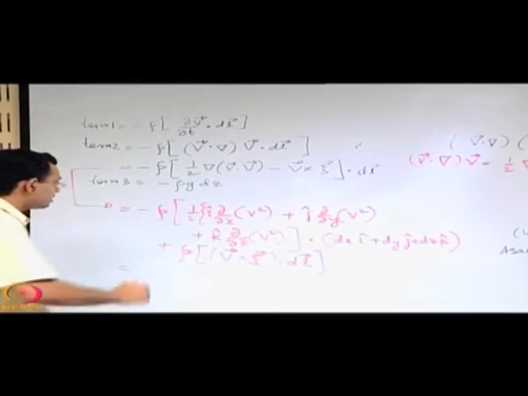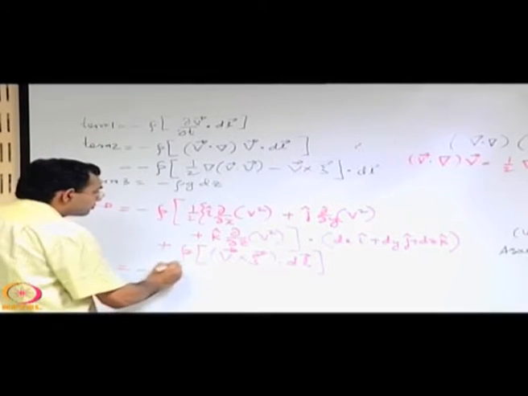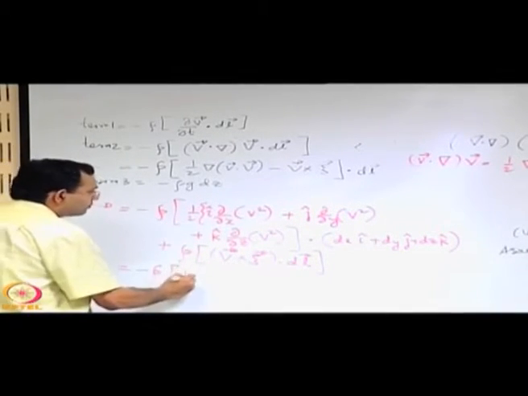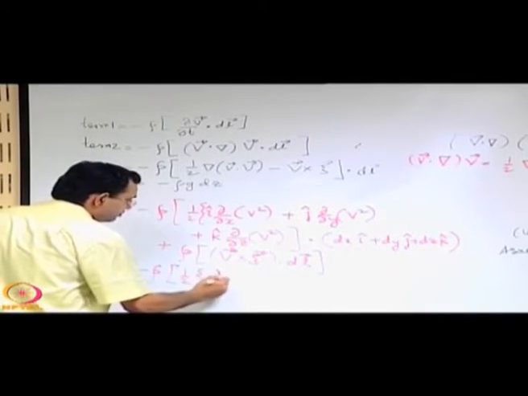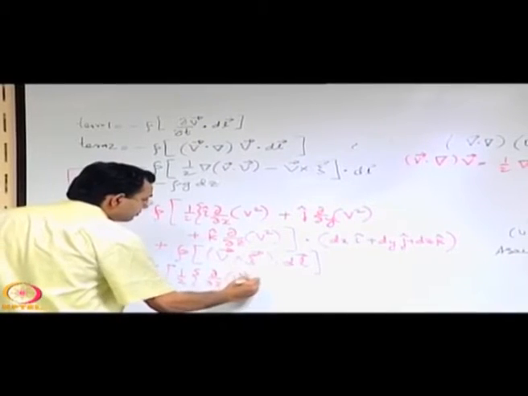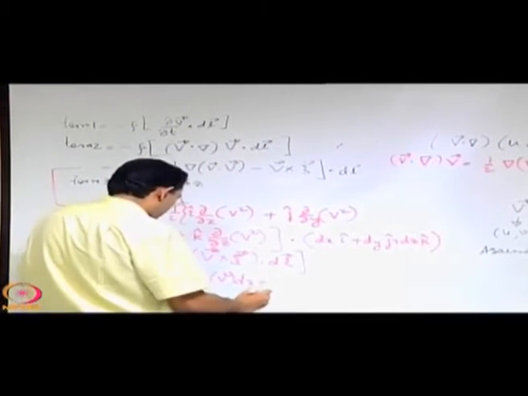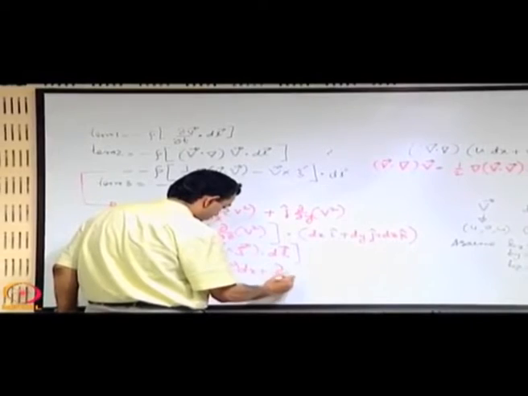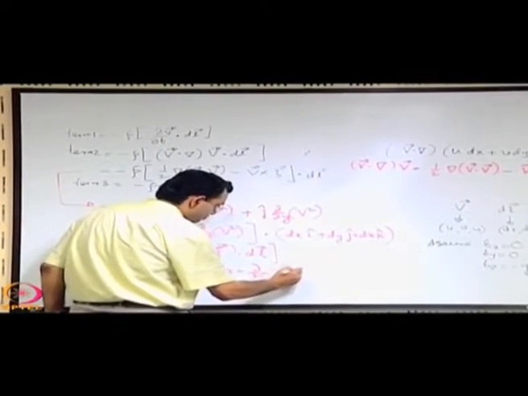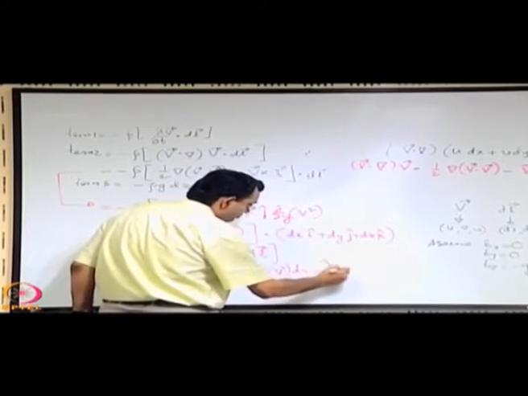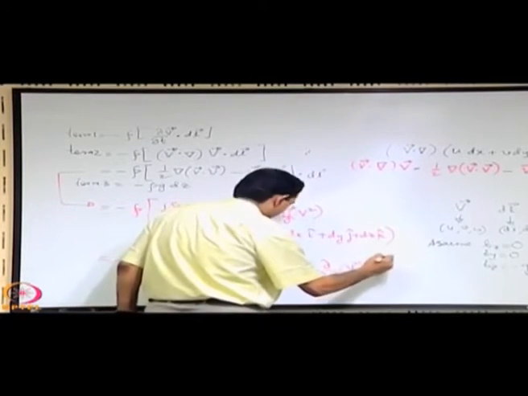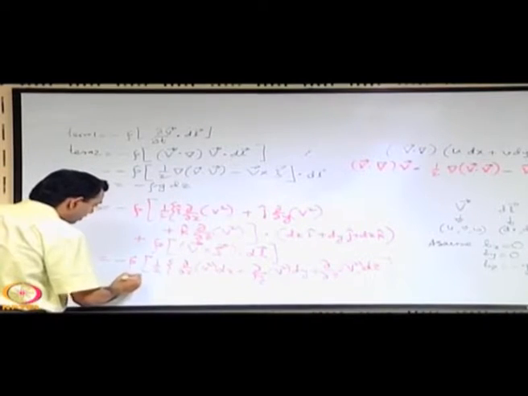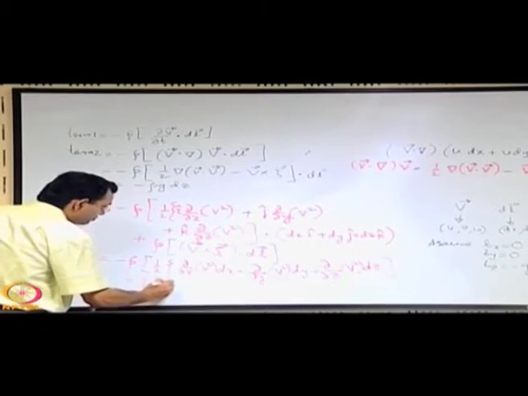So, what does the first term look like? Half, that is the first term, I mean first term of the term 2, and then rho.